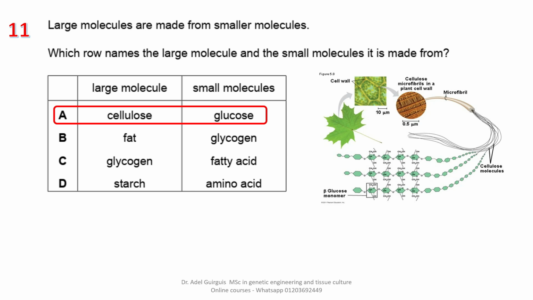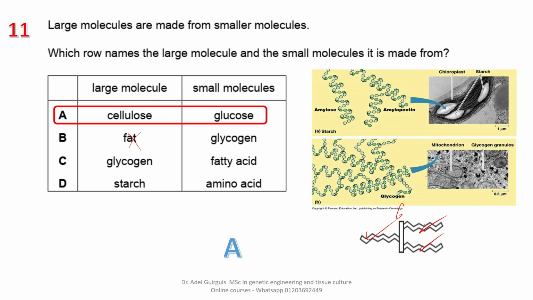Let's check B, C, and D. Fat is formed from fatty acids and glycerol, like these ones. So this is wrong. What about glycogen?